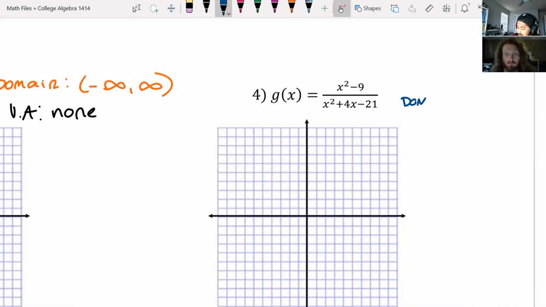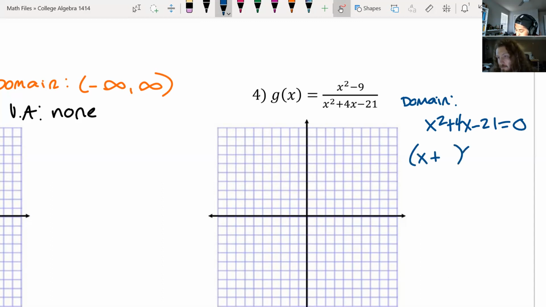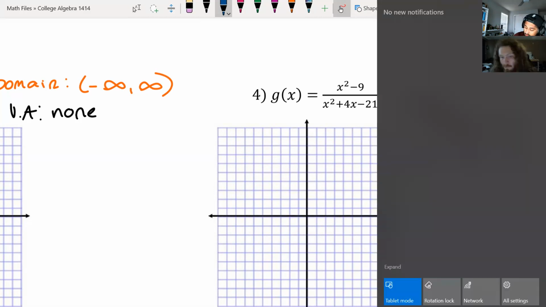My domain. You take x squared plus 4x minus 21 equal to 0. What are 2 factors of 21 that will make 4? 7 and -3.